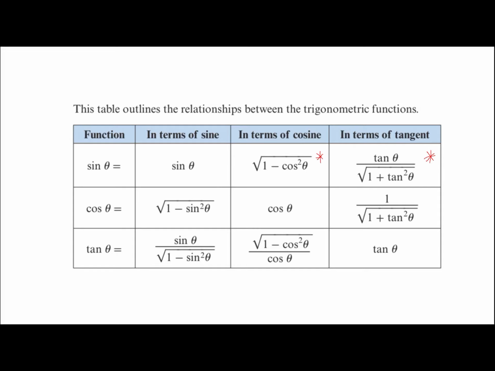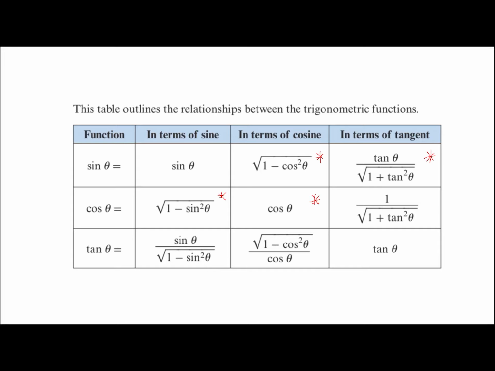Okay, the next row, if we have the function cosine of theta, in terms of sine, it's going to be the square root of 1 minus sine squared of theta. In terms of cosine, cosine theta is going to be cosine theta. And in terms of tangent, it's going to be 1 over the square root of 1 plus tangent squared of theta.